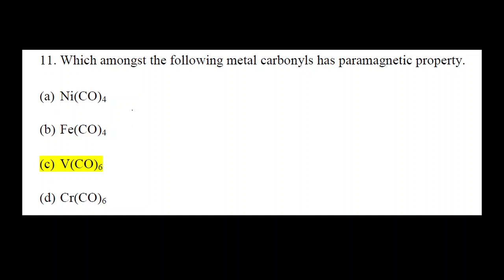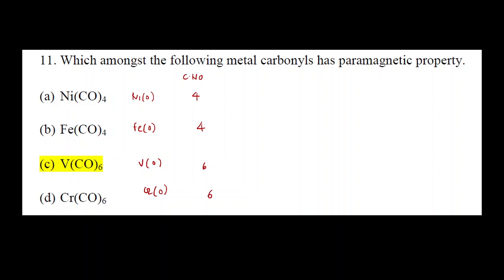We have to identify the complex which has a paramagnetic property. First, nickel is present in zero oxidation state, iron 0, vanadium 0, and chromium is also present in zero oxidation state. Second step is to figure out the coordination numbers: 4, 4, 6, and 6.